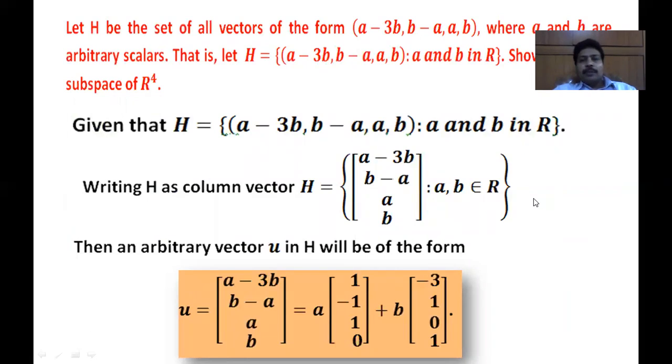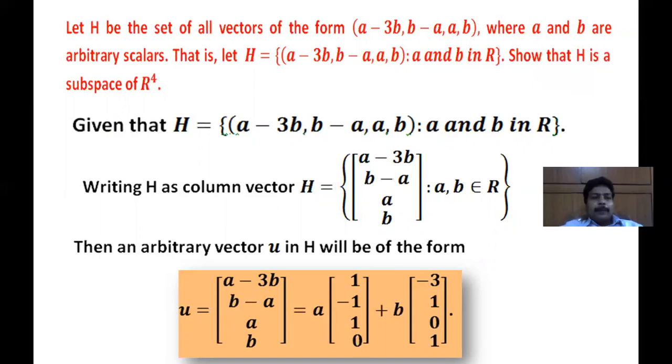So let us do some problems based on this concept. This is the first one. Let H be the set of all vectors of the form a minus 3b, b minus a, a, b. This is a 4-tuple where a and b are arbitrary scalars.